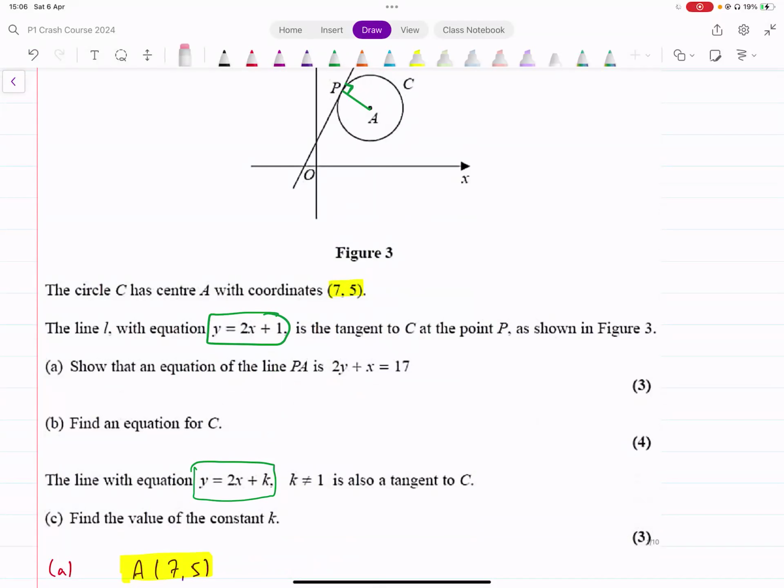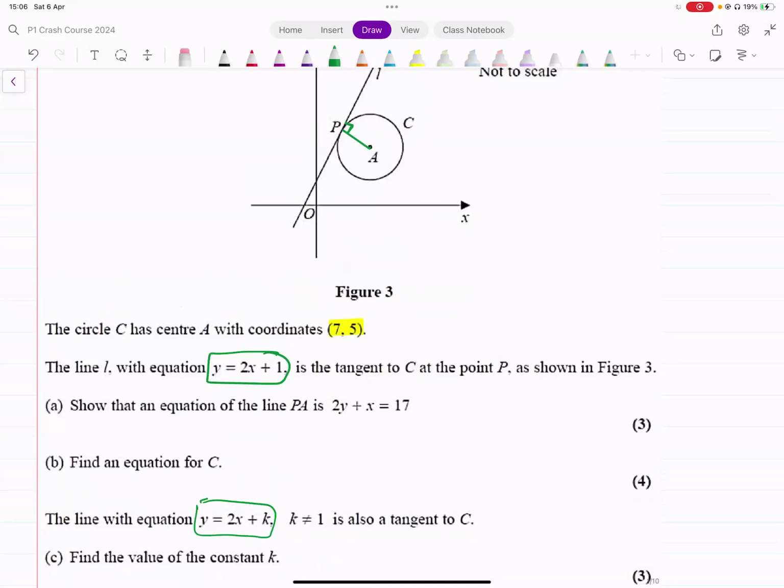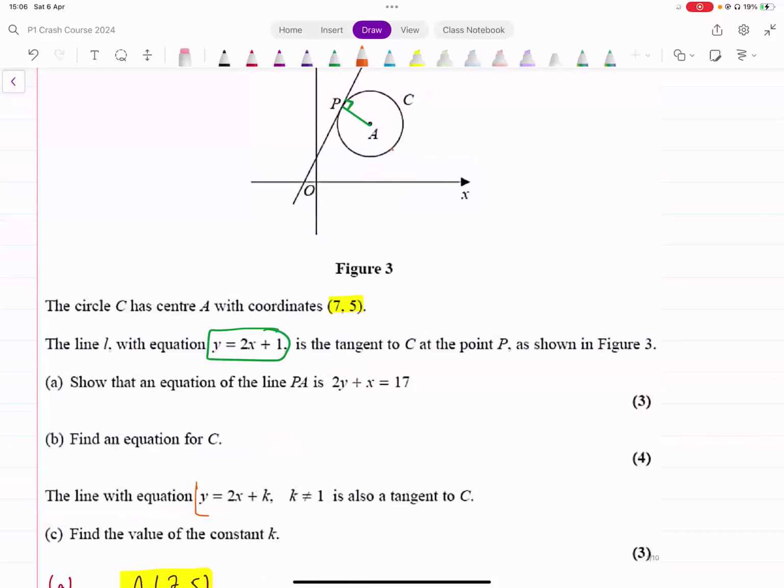We have another tangent that has an equation like this, y equals 2x plus k. Now, what do we know about this tangent? Now, there are many possible tangents to this circle, right? You could have a tangent like this. You could have a tangent like this. You could have another like this. There are many possible tangents to the circle. Do we know the gradient of this tangent that they've given?